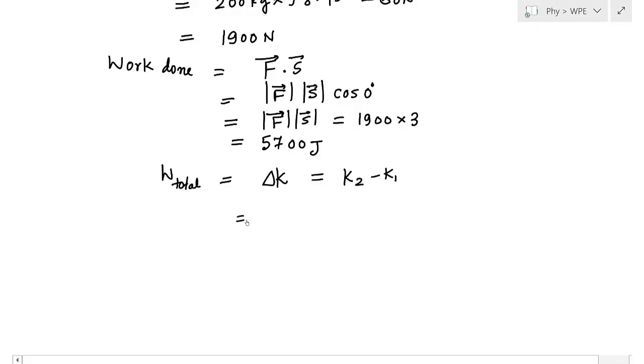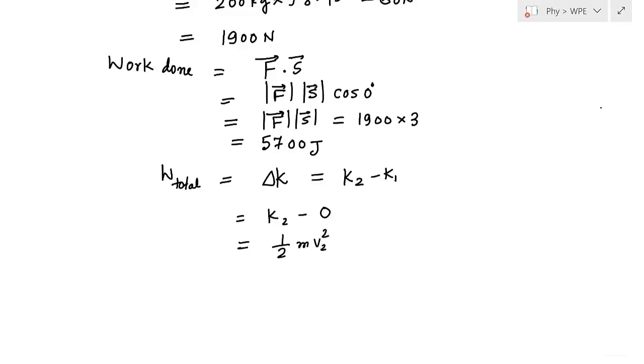Now if you remember, the velocity at point 1 is 0, because the hammer had just started the motion at point 1. So kinetic energy is also 0, because kinetic energy is half m v1 square. So kinetic energy at point 1 is 0 because velocity is 0, and K2 I can write as half m v2 square.